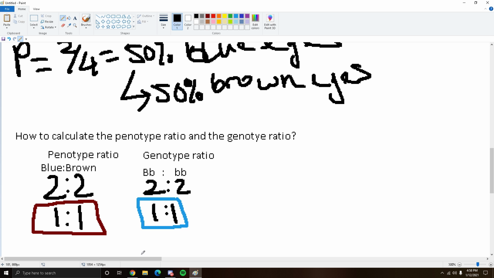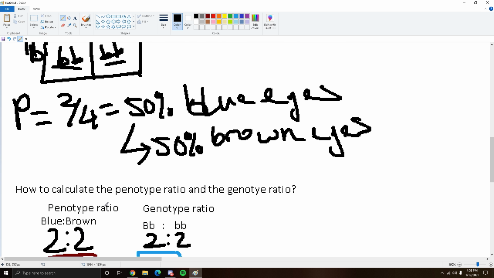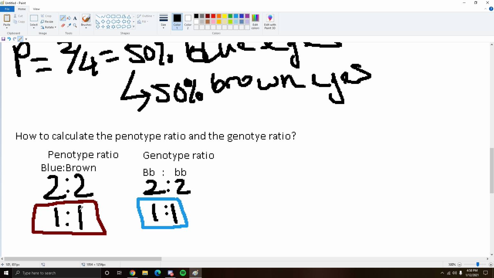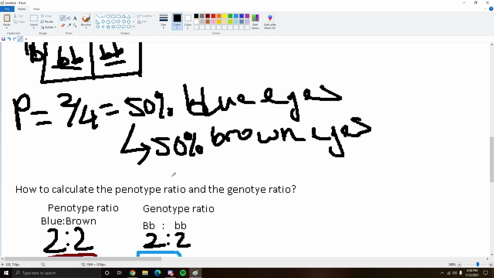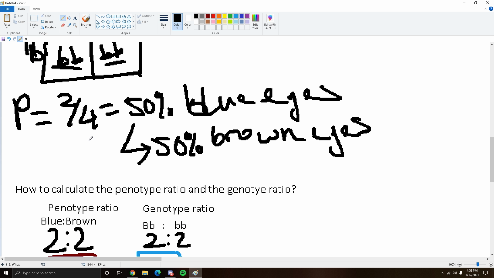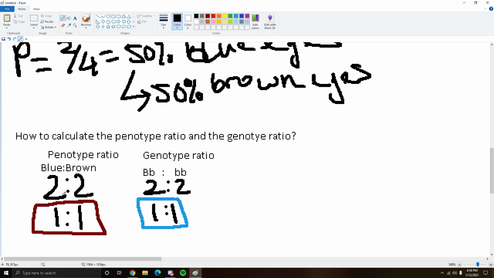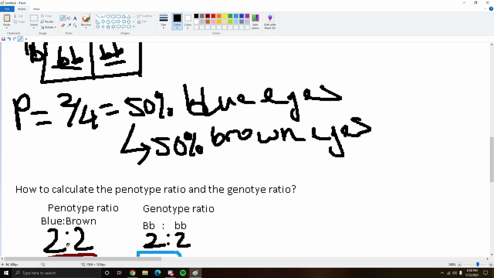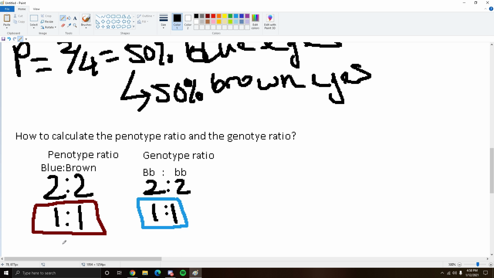So how do you calculate the phenotype and the genotype ratio? As you can see, it's 50-50. It's pretty straightforward. It's half of 100. This is basically how you do it. We got two blues and two browns, and it makes a whole ratio of one.